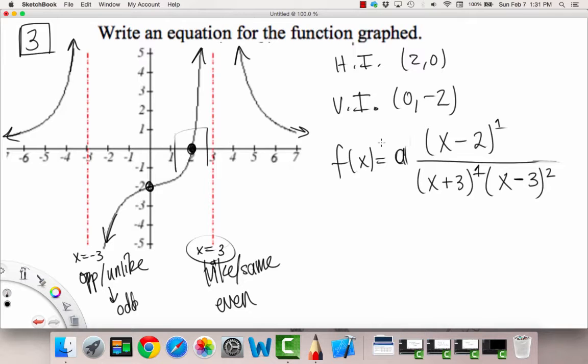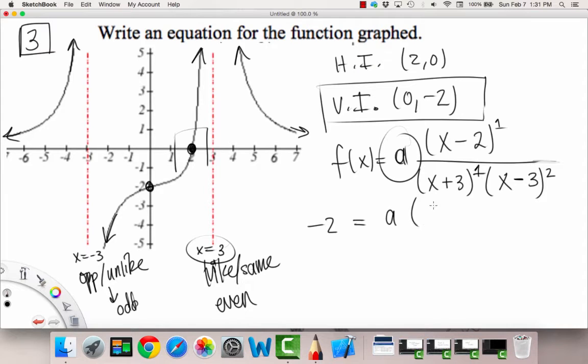Now, to determine our a, we can use any point other than a horizontal intercept, so we can use our vertical intercept. That gives us negative 2 is equal to a times, with a negative 2 on top, over 3 times negative 3 squared, so times 9. Those negative 2's cancel out, which is nice, and we get a is equal to positive 27.